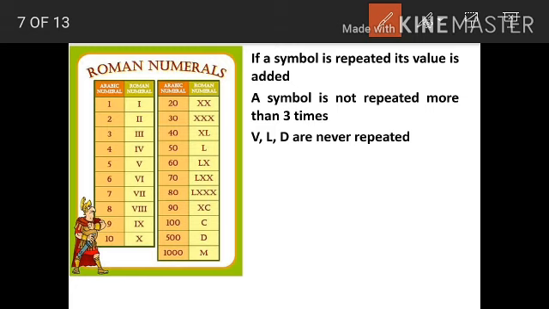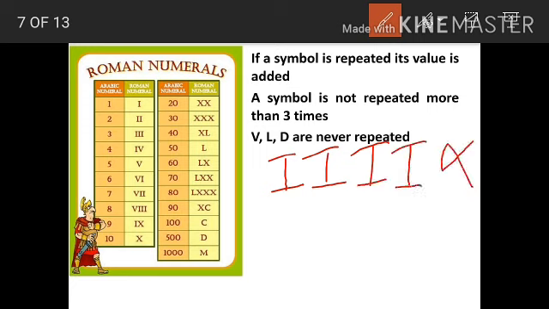So, can we represent the Hindu Arabic number 4 as IIII? Is this possible? No. Why? Our second rule states that a symbol is not repeated more than 3 times. Here, how many I's are there? There are 4 I's, which is not possible.